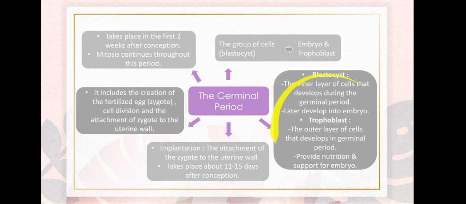And then the blastocyst is the inner layer of the cells that developed during the germinal period, which later develops into the embryo. The trophoblast, the outer layer of the cells that develop in the germinal period, provides nutrition and support to the embryo. Okay, basically, this is all during the germinal period.